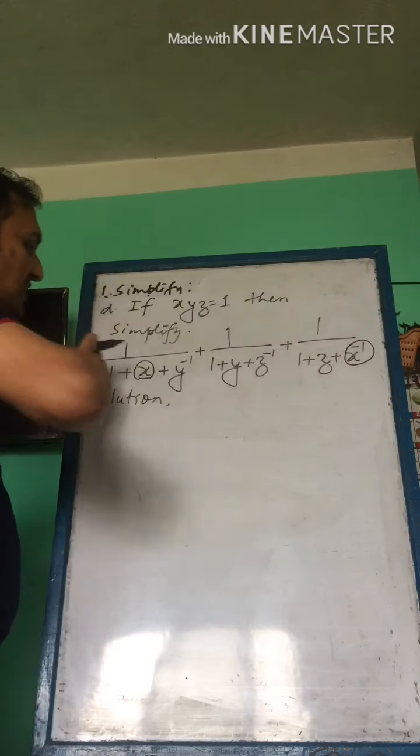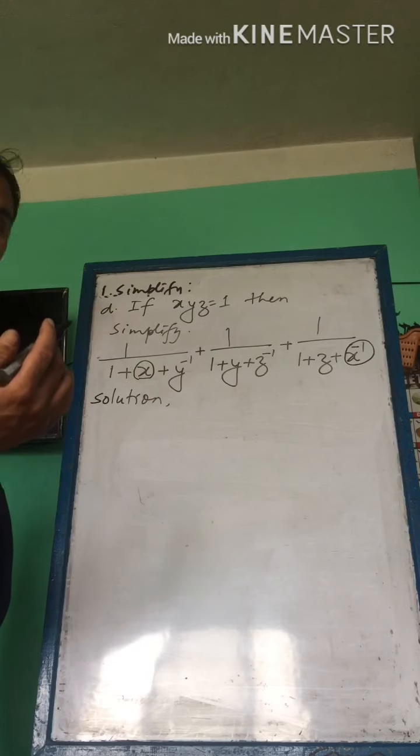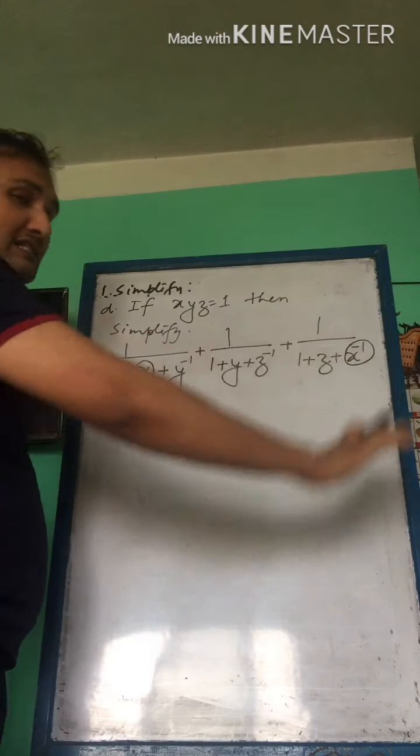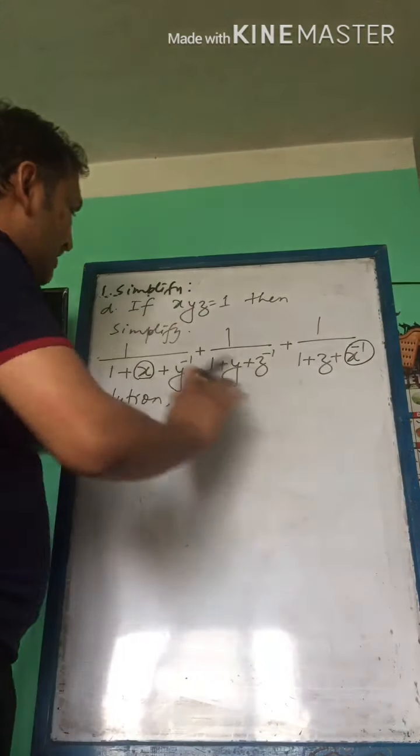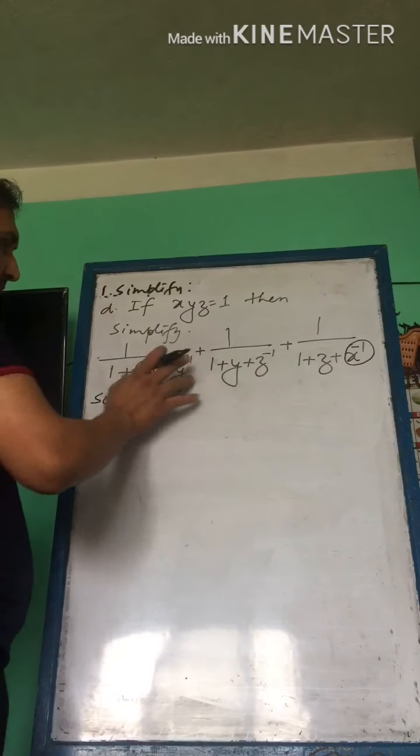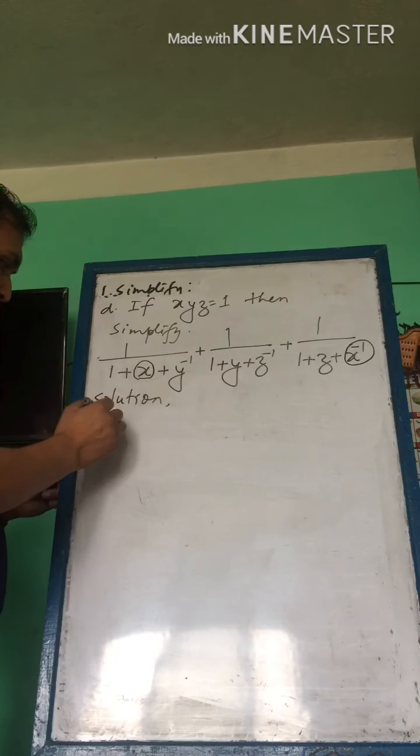Where there is yz, it is yz only, no need to replace. Here is x inverse, replace x inverse in terms of yz, and this x also in terms of yz. Then there is a chance of getting the same denominators, means you will get like fractions. Okay, now let us see.